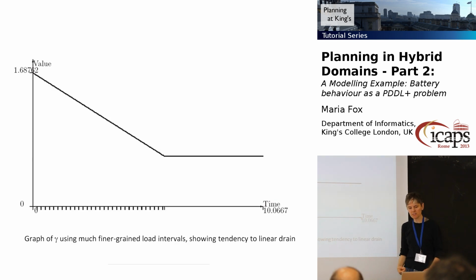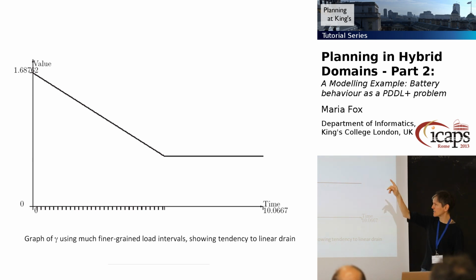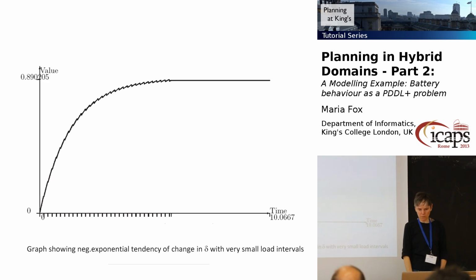And then if we use much finer grained load intervals, then you can see in the graph of gamma the tendency to linear drain. You've just got a nice straight line. And with delta, you see this negative exponential tendency inverted because we had minus e to the minus kt. So that's quite nice.